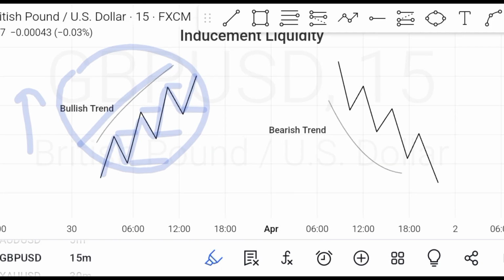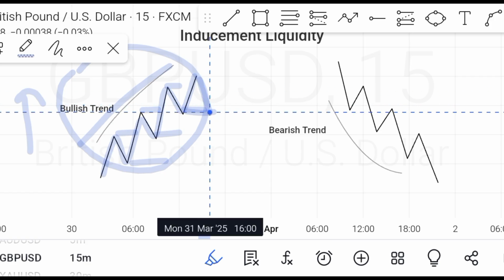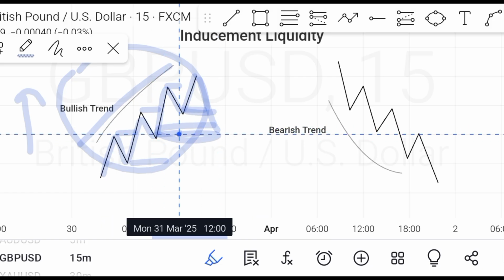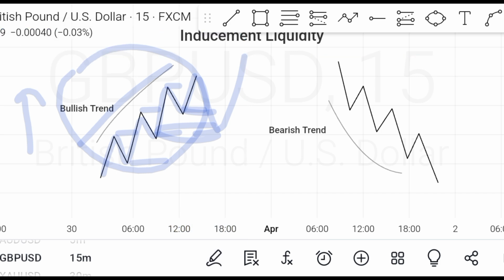Many of you might see this first protected low, and then when you see it being taken out, you feel like the trend is already over. Meanwhile, it's not always the case. You get to see price reach a certain POI and then head to the upside. That's where inducement comes in. That's exactly the inducement trap.